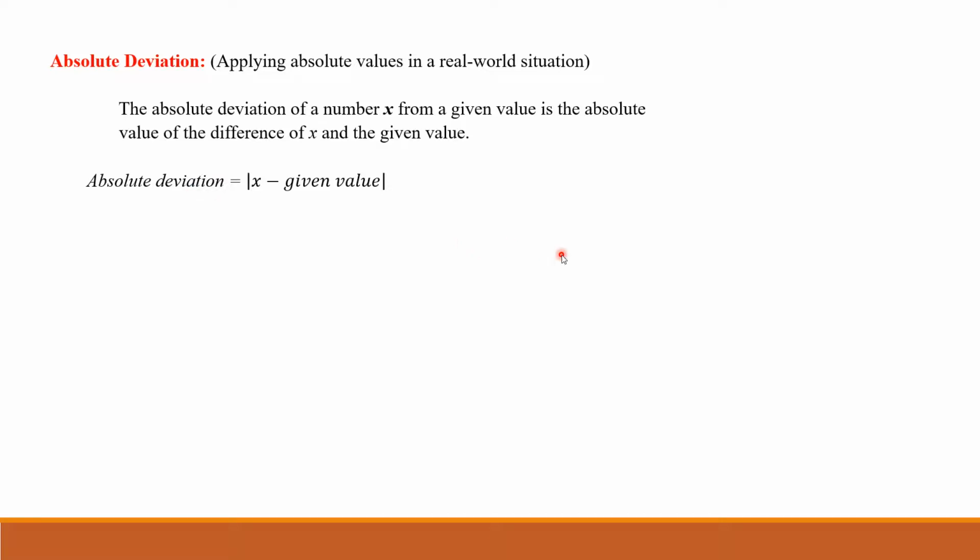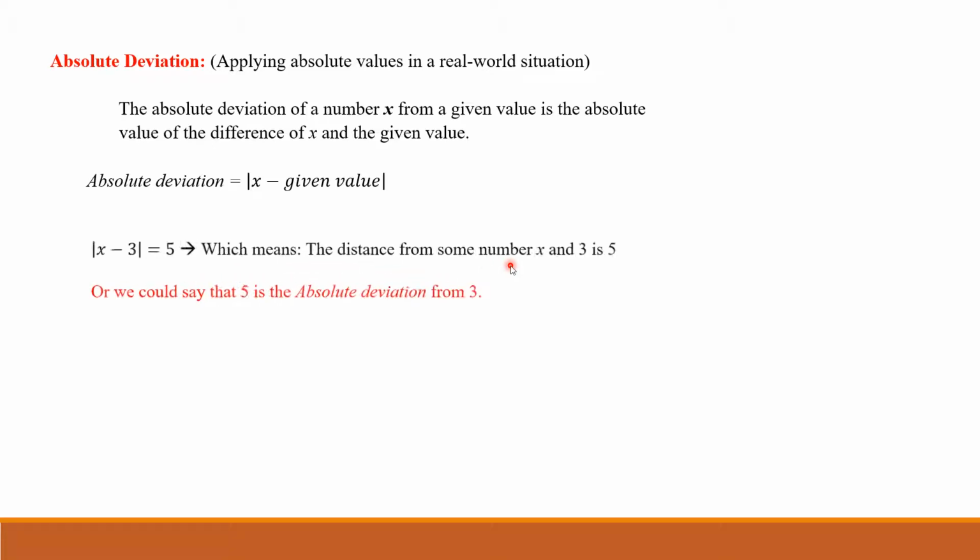Deviation means something that deviates away from the norm. You've probably heard the expression of measuring something, and the measurement might be accurate to plus or minus 0.05 centimeters. So plus or minus means a deviation away from the norm.